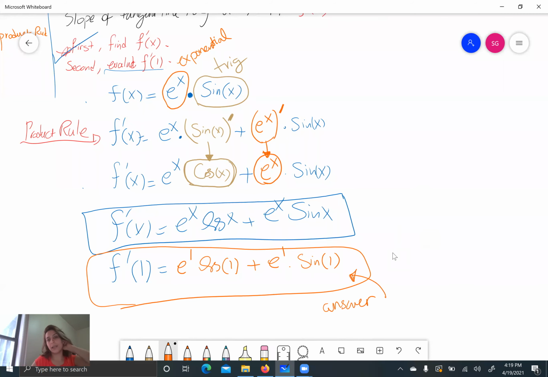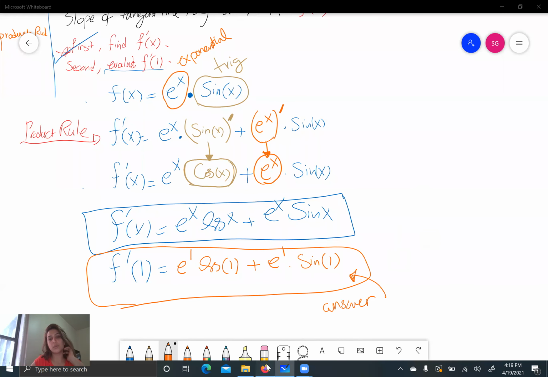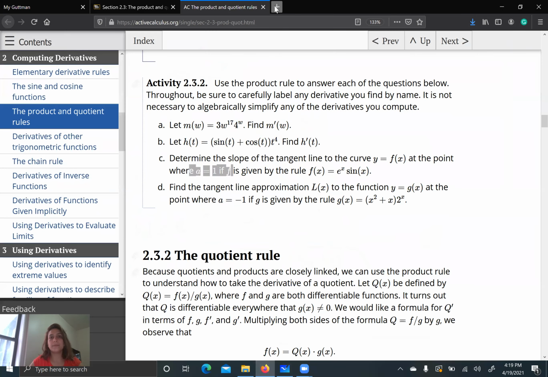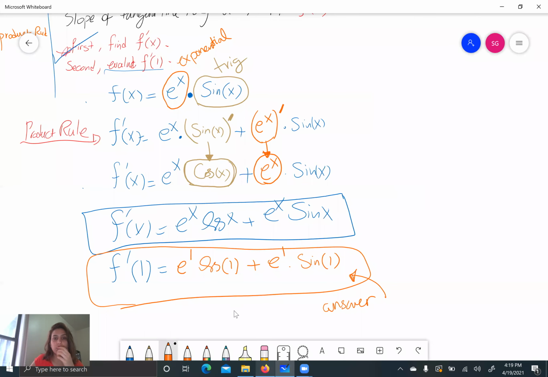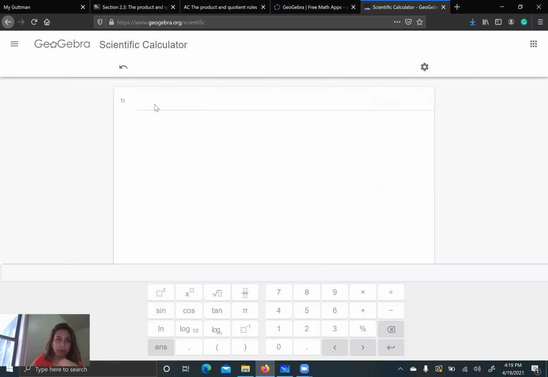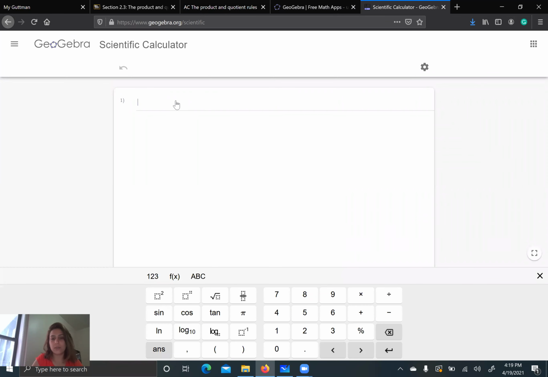You can leave it like this, but if the question asks you to simplify it, then you need to go to a scientific calculator to evaluate cosine of 1 and sine of 1.